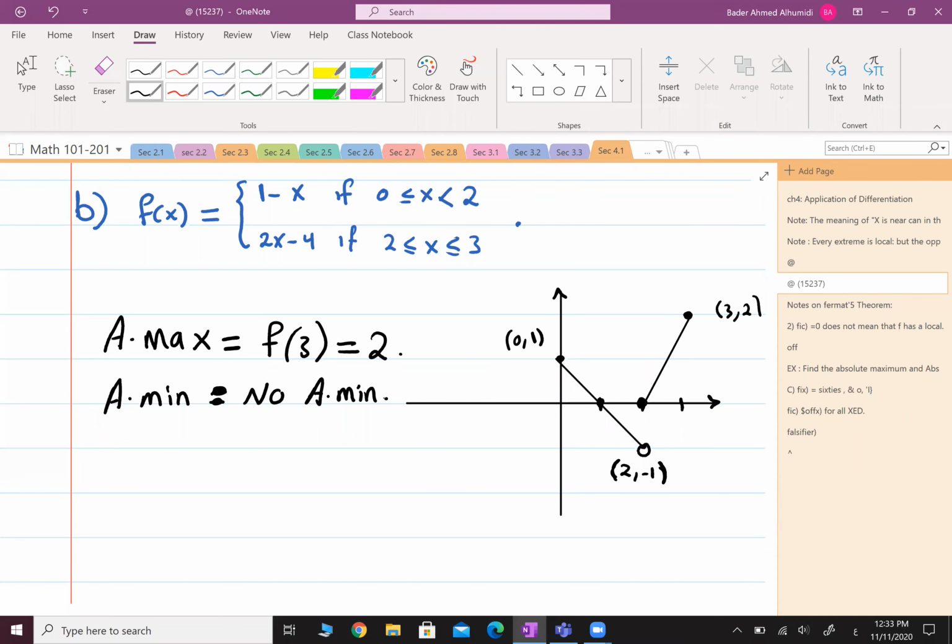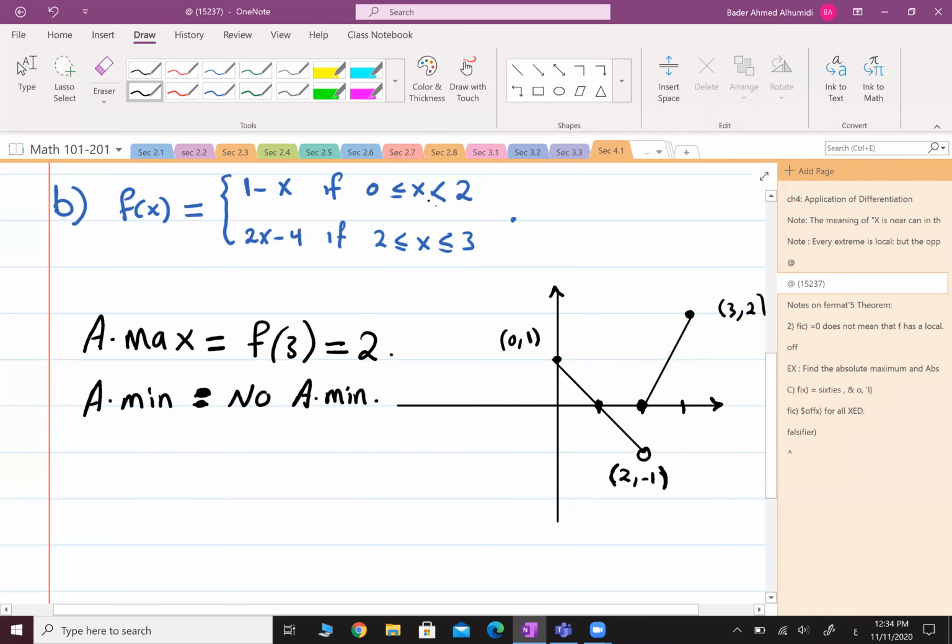So this leads to the conclusion that we do not have a minimum. As we said, we may lose the conclusion. We have no absolute minimum. But if we reversed it and put the equality here and removed it from there, we would get an absolute minimum, which is minus 1.